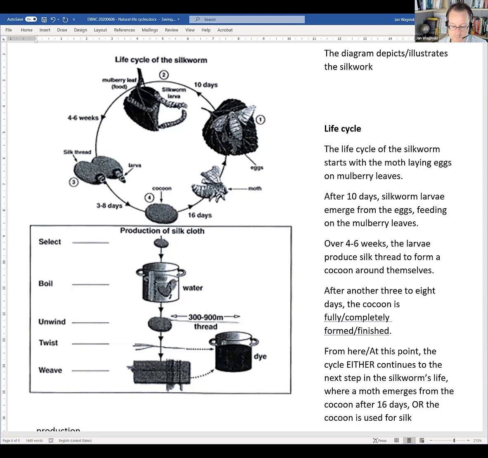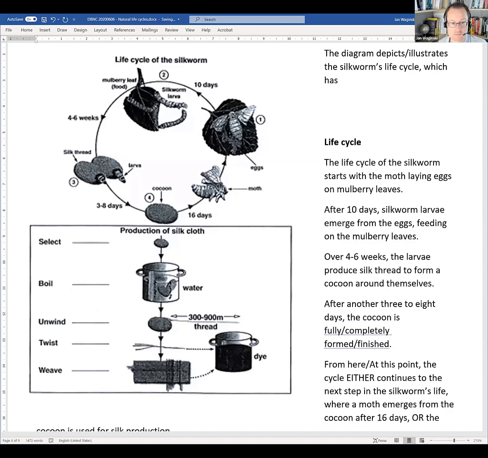Yeah, silkworm life cycle. It has four stages, which has 1, 2, 3, 4.